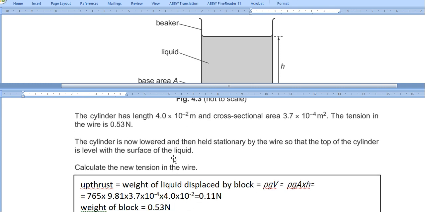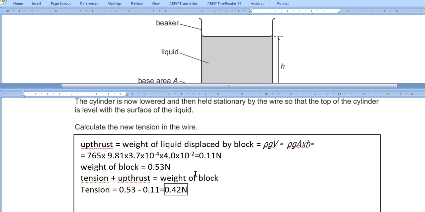The cylinder has a given length and cross-sectional area, and the tension in the wire is so much. The cylinder is now lowered and then held stationary by the wire so that the top of the cylinder is level with the surface of the liquid. Calculate the new tension in the wire.